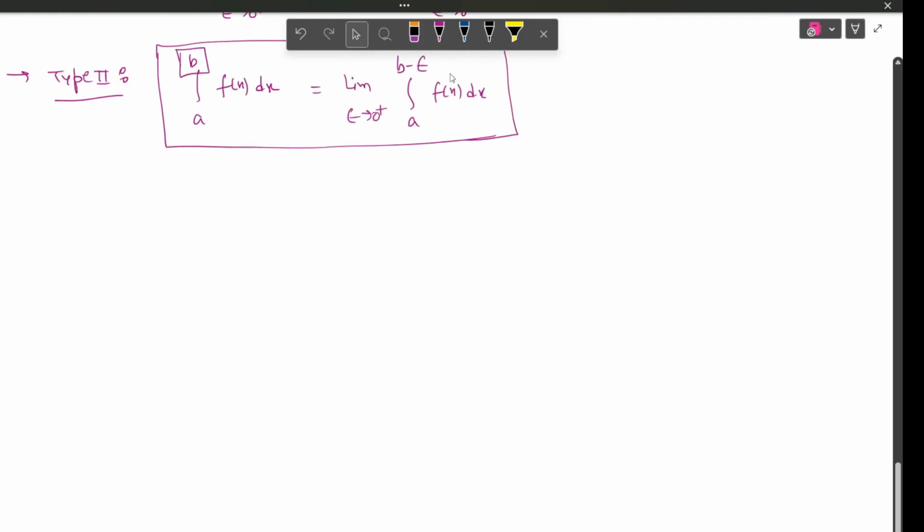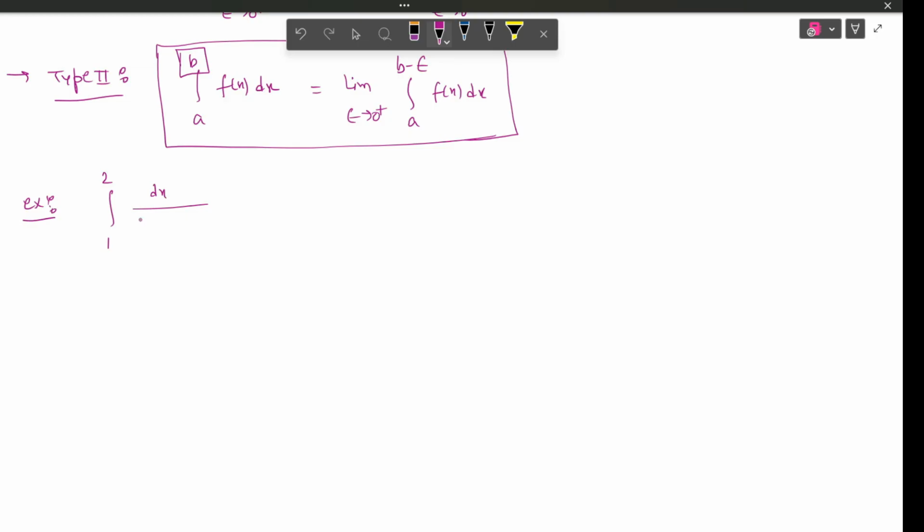Now let's take one example so that you can realize how to solve this type of problem. Let us say we have to evaluate integration 1 to 2 dx by square root of 2 minus x. Here you can see that if you put 2 here, 2 minus 2 is 0, so 1 by 0 will be infinite.